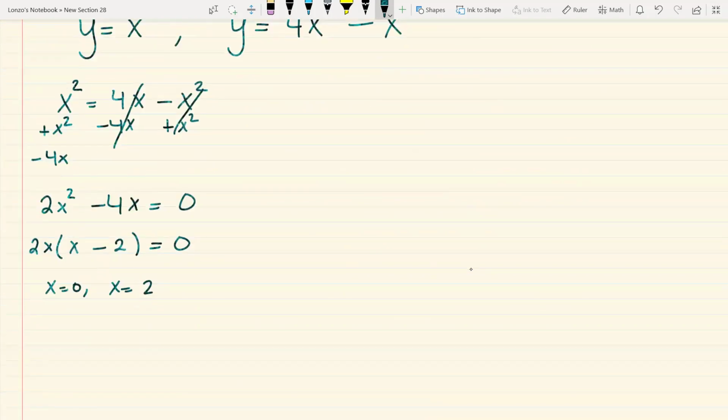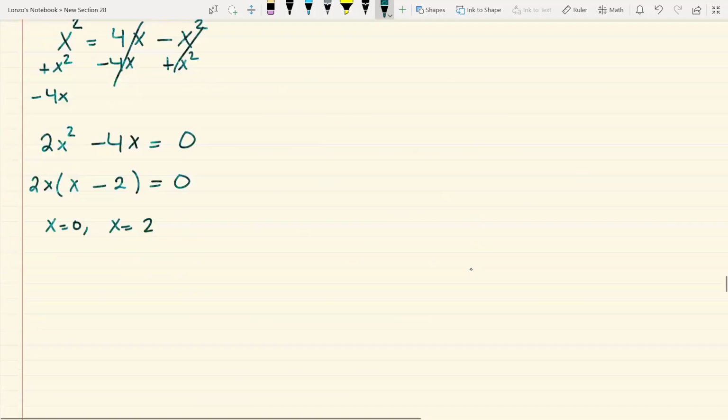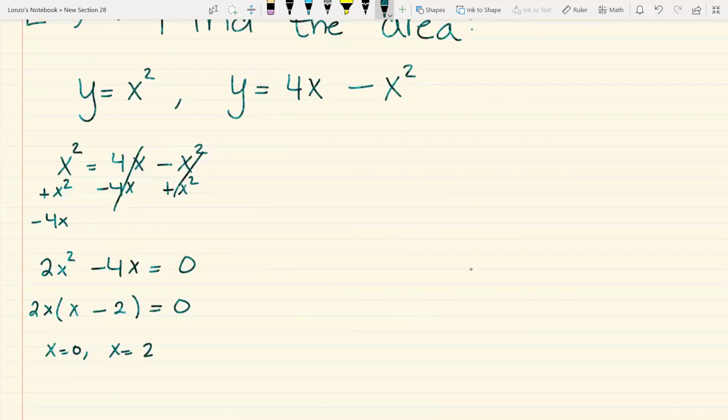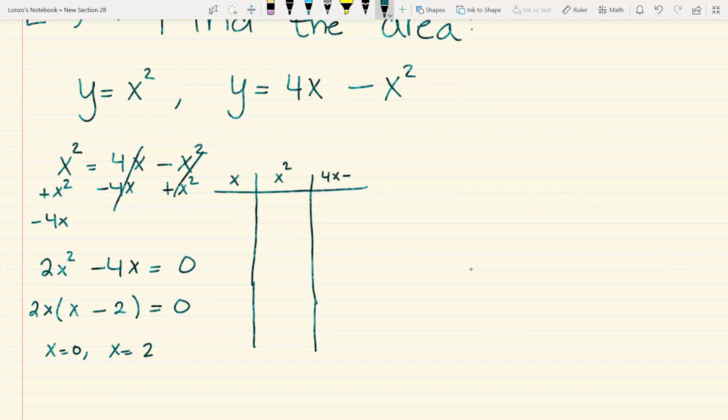Okay, now we're going to have to graph this, so we'll most likely have to make a table, or you could just put in decimals, it's fine. We've got x squared, and then 4x minus x squared. Okay, so let's use the x value 0.